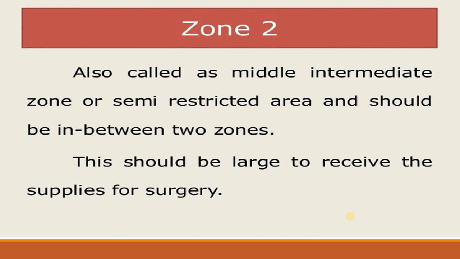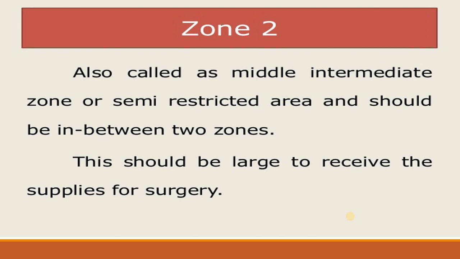The two zones act as a transition zone from zone first to zone second. This area should be large enough to receive supplies like linen, sterile supplies, and drugs like IV cannula, C-arm. This area includes the recovery room, pre-anesthesia room, clean storage room, and emergency sterile supplies.